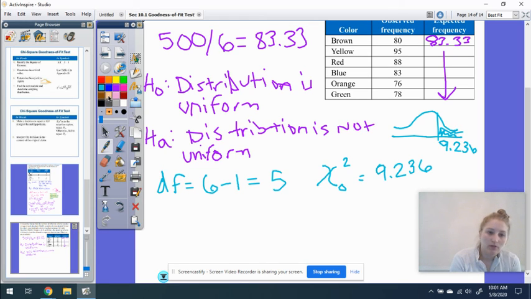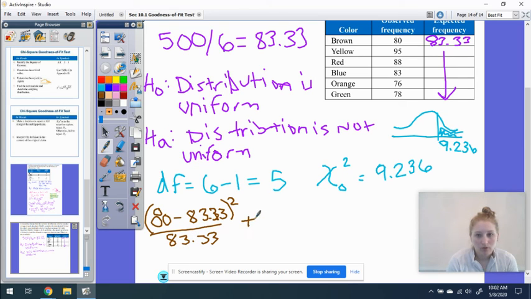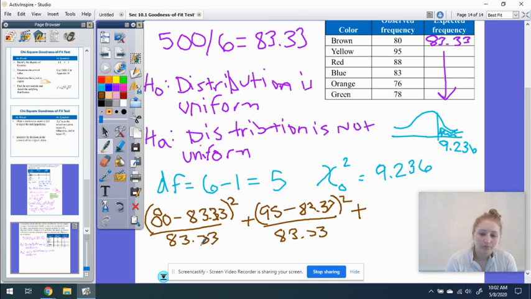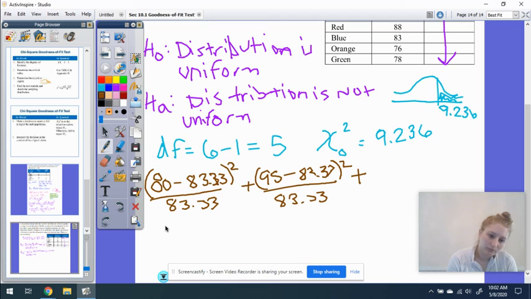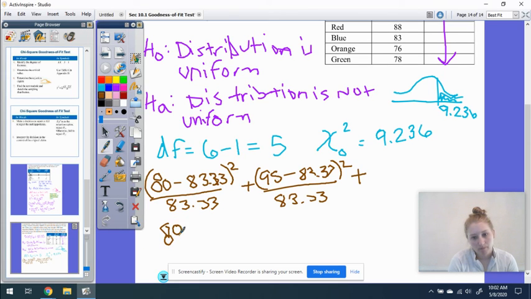Okay, so now we're going to do exactly like we did for the last problem, where we're going to subtract each of our observed frequencies minus our expected. So 80 minus 83.33 squared over 83.33 plus 95 minus 83.33 squared over 83.33, plus 83 minus 83.33.